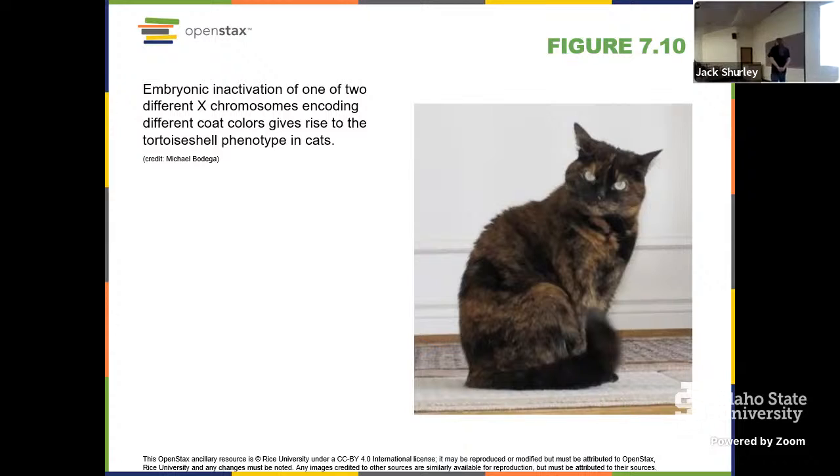One example of this is color blindness. And there's a couple of types of color blindness. But in an X-linked situation, males are typically more commonly colorblind than females because you only need one copy, right?